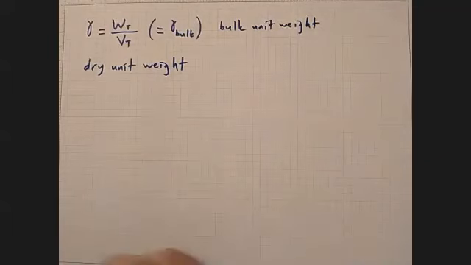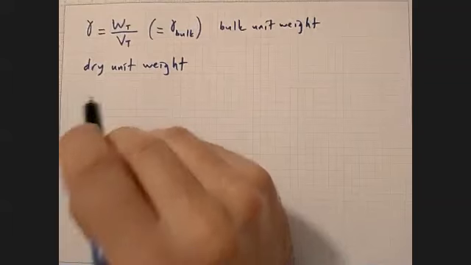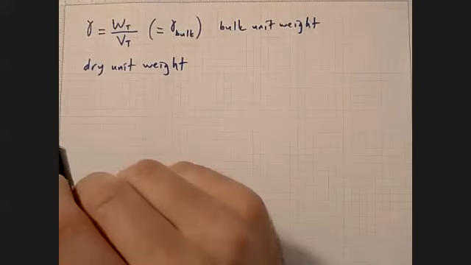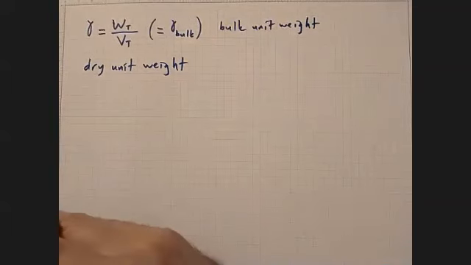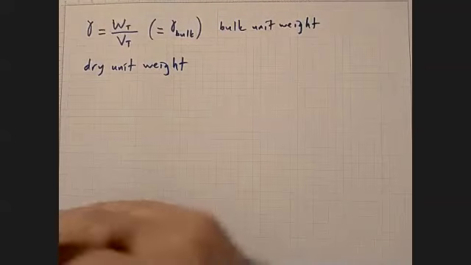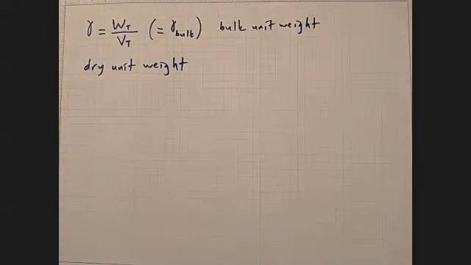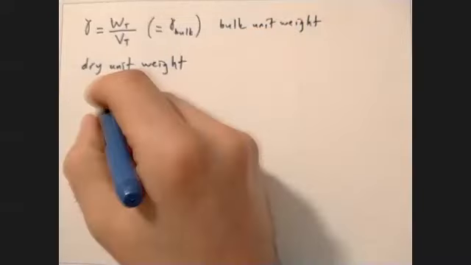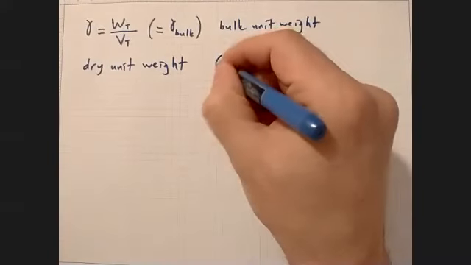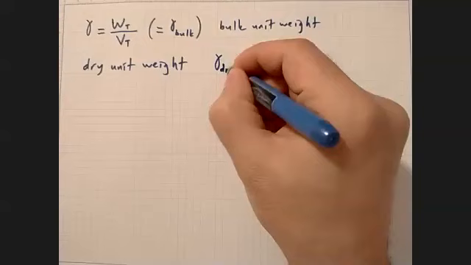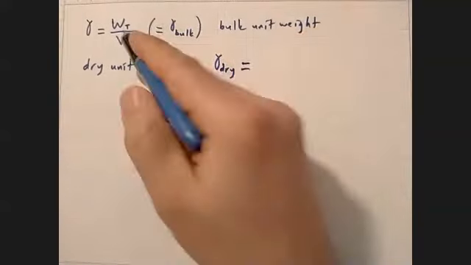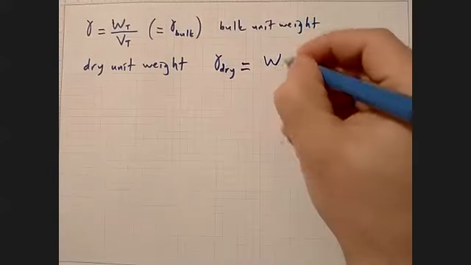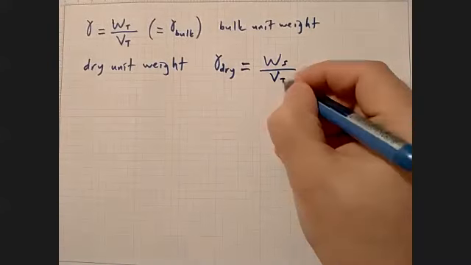It is rather the unit weight of the soil preserving its structure, its volume, in the absence of water. So it is like a hypothetical scenario. So it is basically gamma dry is equal to, if it is dry, then your total weight is just weight of solids divided by total volume.